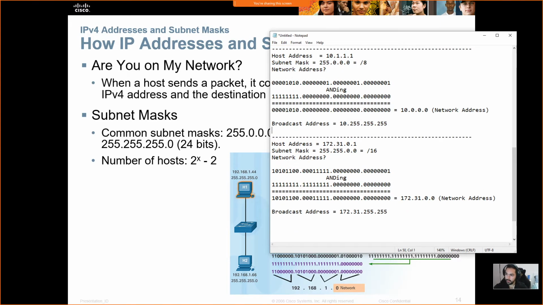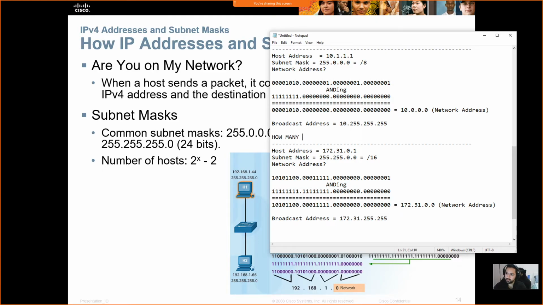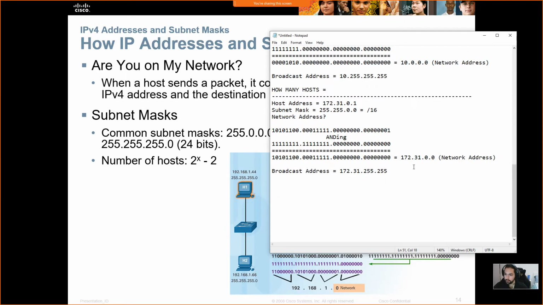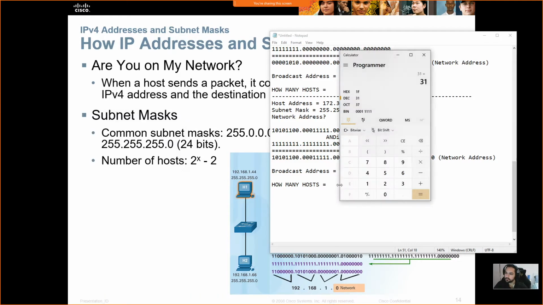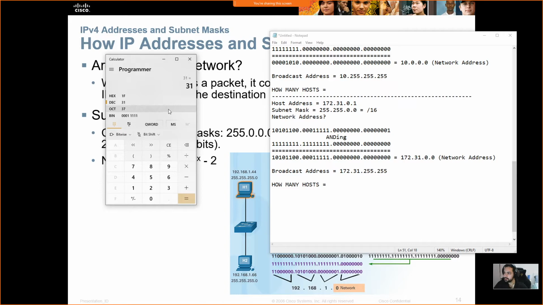How about this one? How many hosts can we have here? Do the maths. Anyone doing the maths? Is there anyone doing it? I'm lost, sorry.